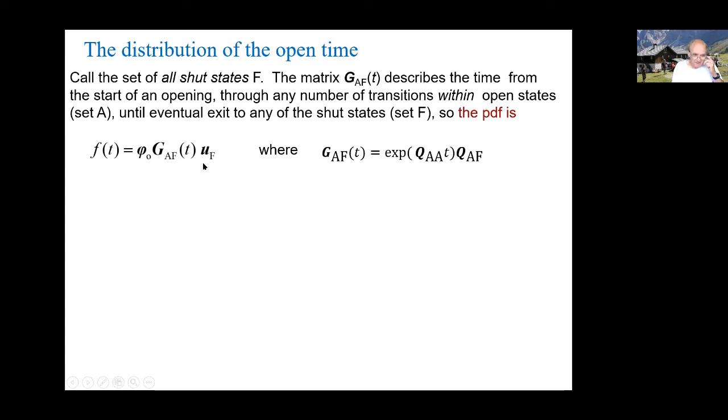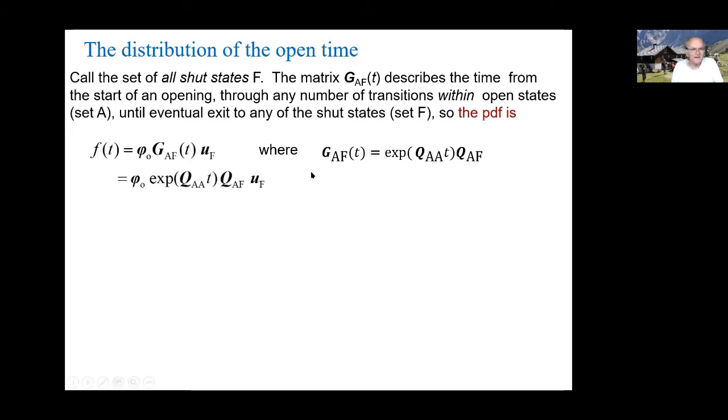You've got to then sum up over all possible shut states. This is a unit column vector, KF by 1, consisting of just the number ones in it, so it sums up the preceding bits over the shut states. And this initial vector, clearly 1 by KA, we have to find, which we'll do later.